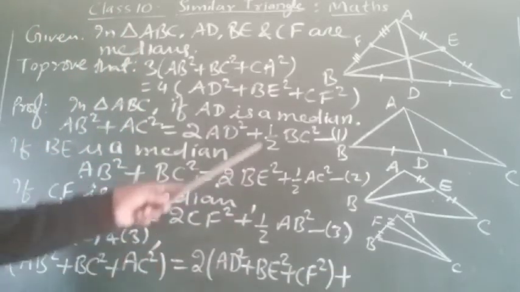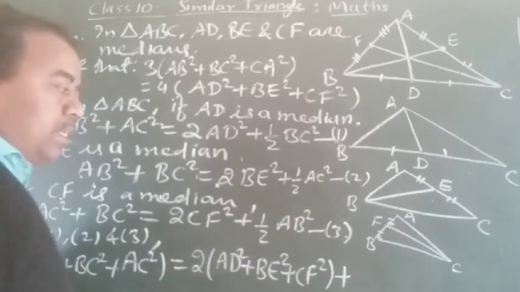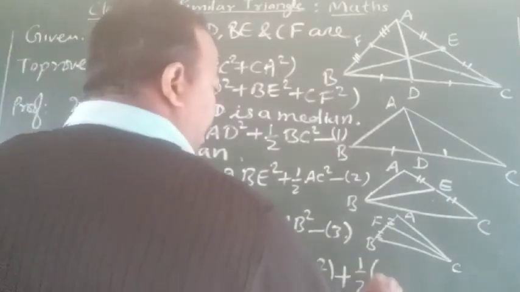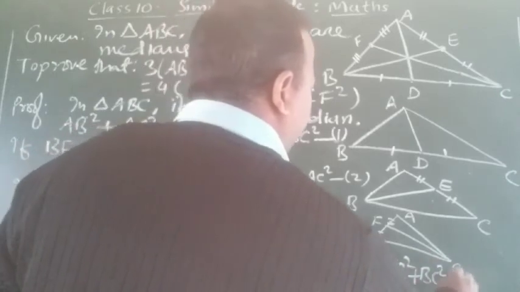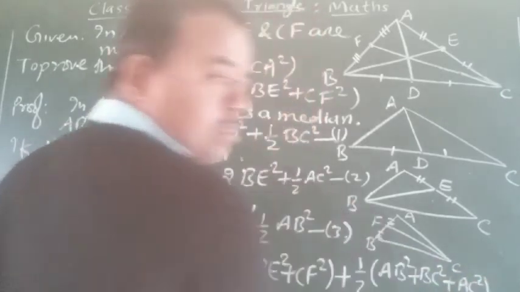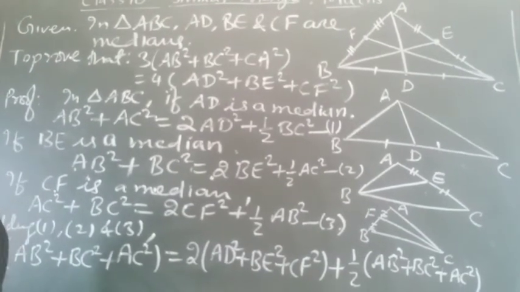Now half BC square, half AC square, half AB square. So we get half of AB square plus BC square plus AC square.